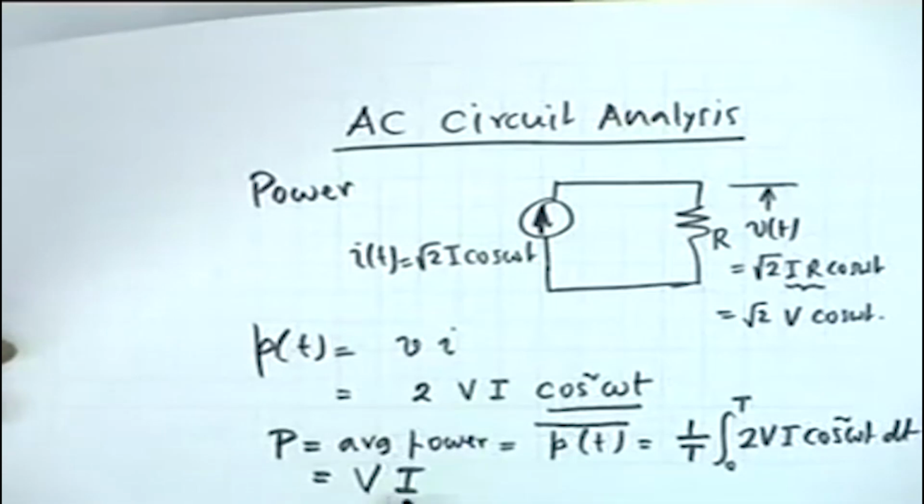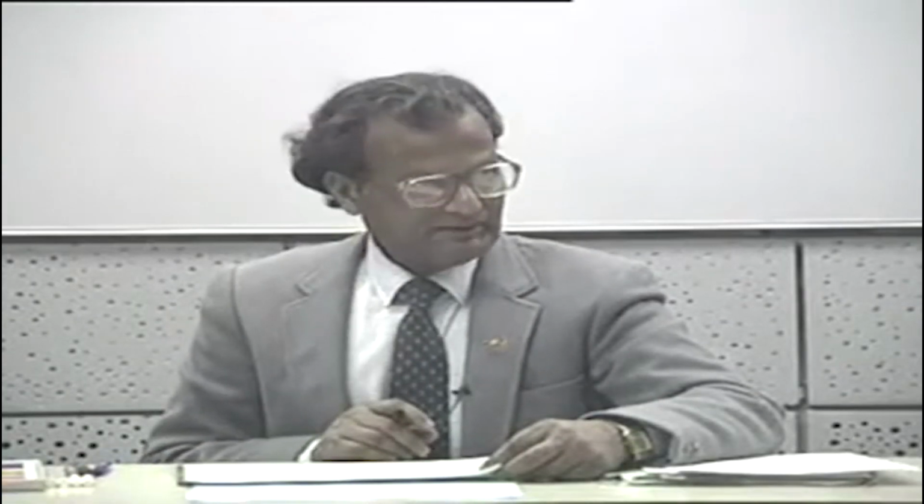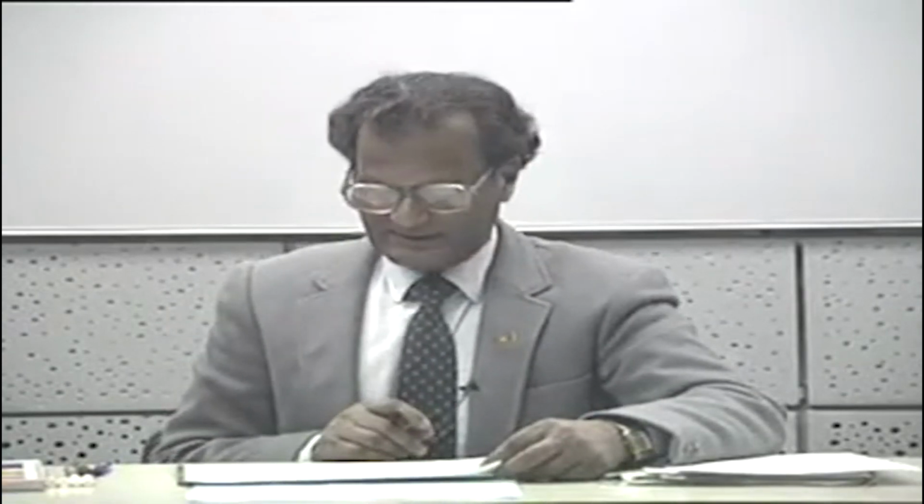V I, volts into amperes, it is watt. And therefore in an AC circuit, if there is a resistance and the current and voltage amplitudes are identified as root 2 V and root 2 I, the average power dissipated in the circuit is the product of the root mean squared values of voltage and current.